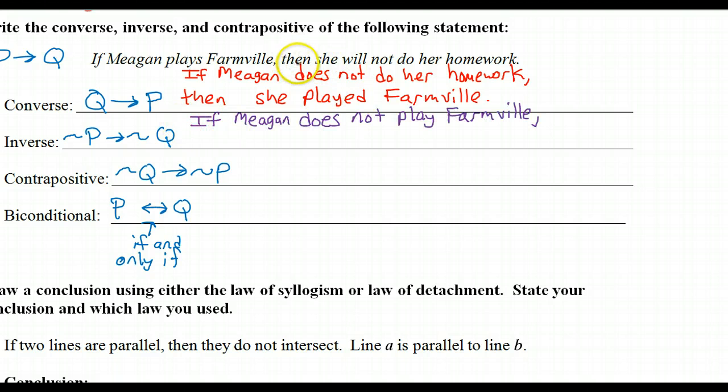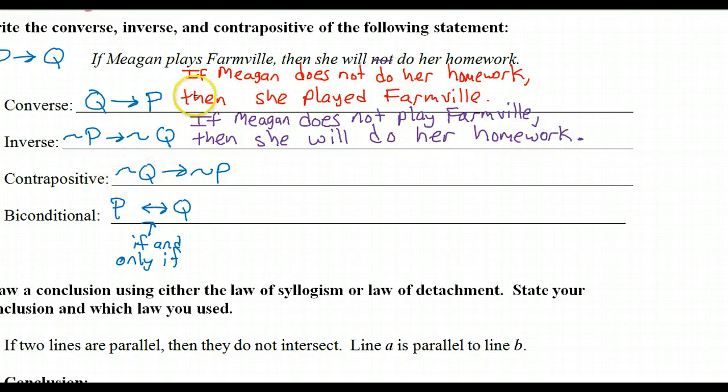The second part of the sentence says, then she will not do her homework. Notice the not is already there. If I wanted to negate this, I'm going to actually wind up taking the word not out of the statement. That's how you negate something that already says not. So the second part will be, then she will do her homework. So that is going to look like this.